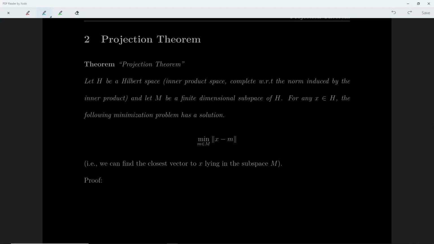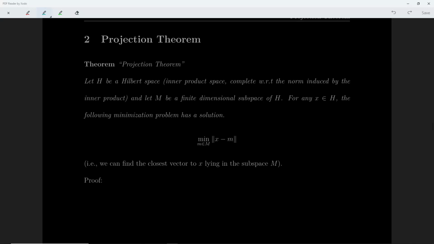And let M be a finite dimensional subspace of H. Okay, so we are given an H and its subspace M. So for any vector X in the Hilbert space, the following minimization problem has a solution. Among all possible vectors in our subspace M, I can find one vector which minimizes the distance between X and M.